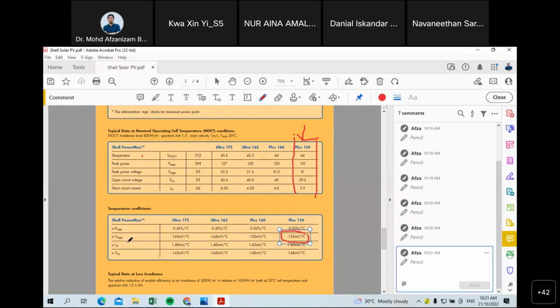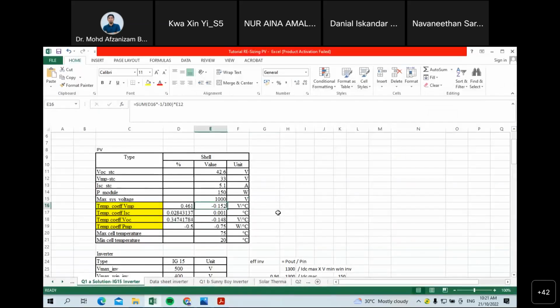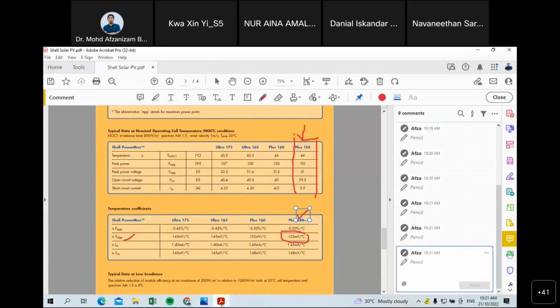So VMP 150, so 152 millivolt per Celsius. Okay, so this is the thing. Let's just insert all the data and create this table. Actually, this is just the data from the data sheet, but then just put it inside here.